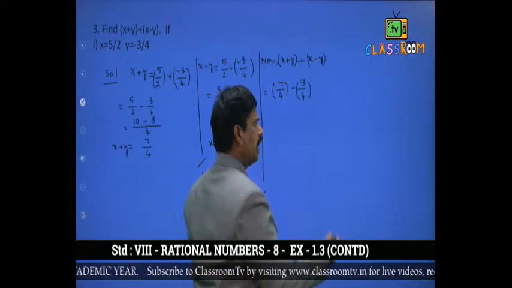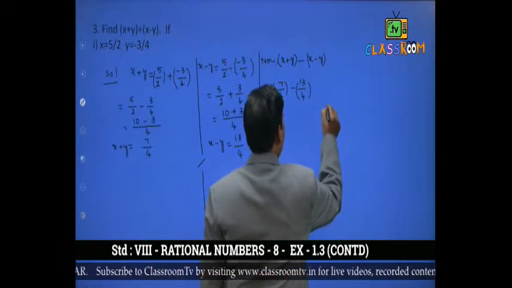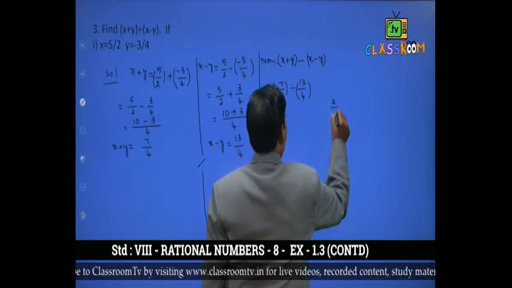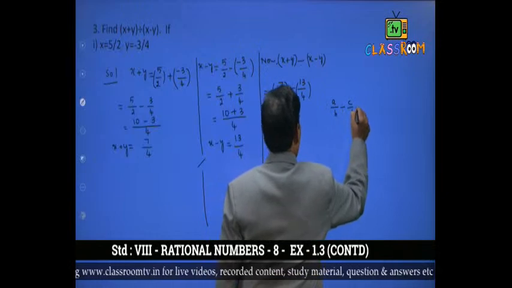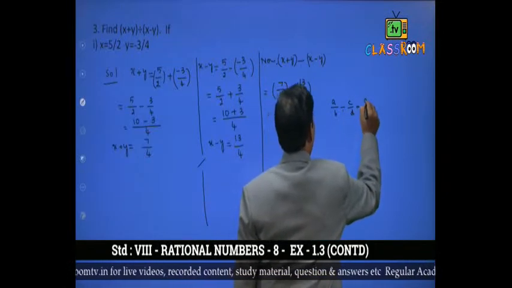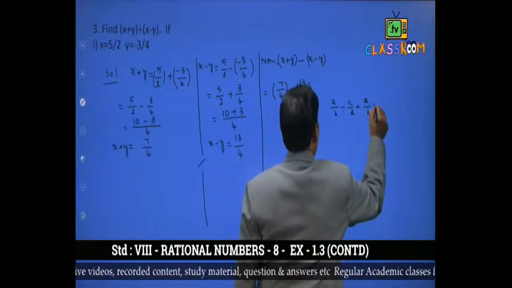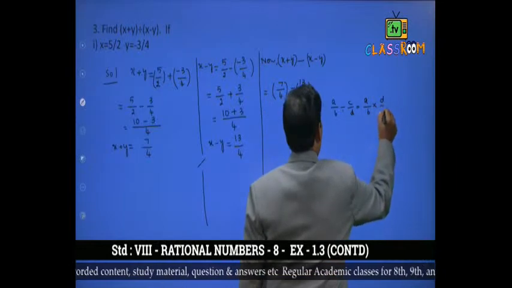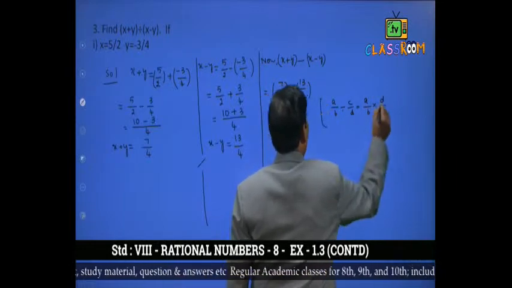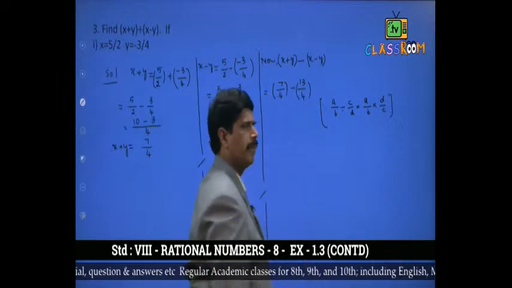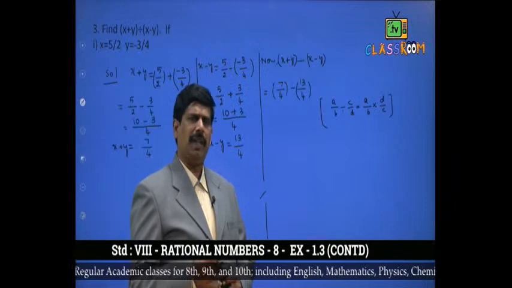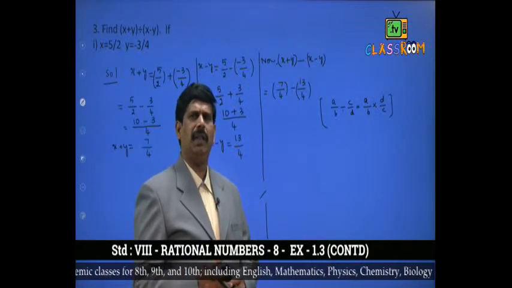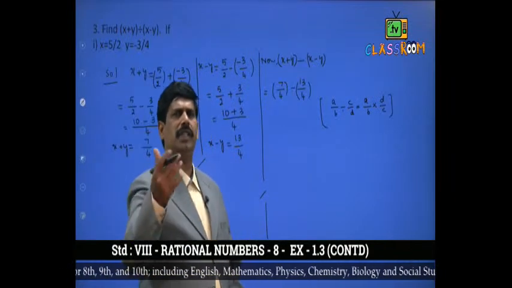You know the division, that is a by b divided by c by d. This is same as a by b into, you have to write the reciprocal of the second fraction. The division of two rational numbers is nothing but multiplication of the first rational number with the reciprocal of the second rational number.